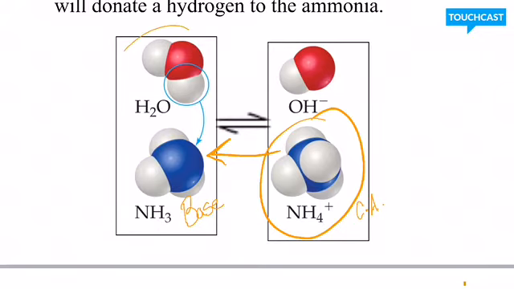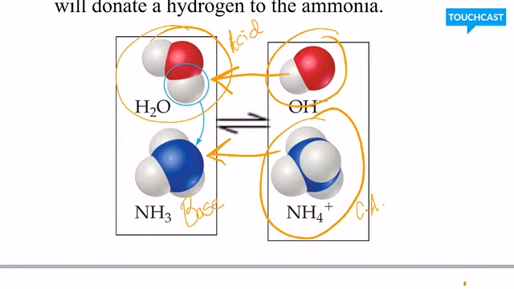Now look at water. We already established that water is behaving like an acid on the left. So on the right side, think about the reaction going this way. Technically, the OH- received a hydrogen, making it behave kind of like a base, right? But we call it the conjugate base to water.